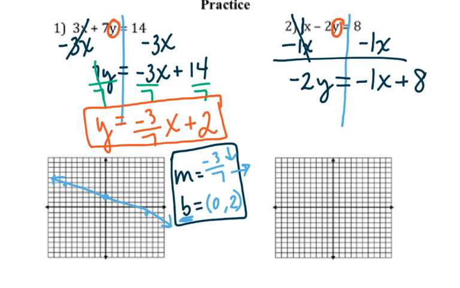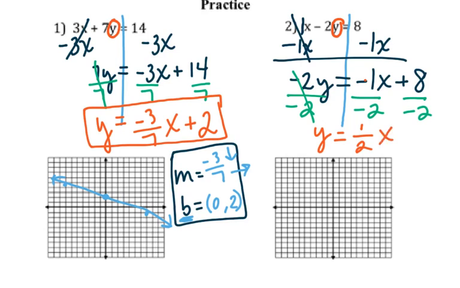Get y by itself by dividing by my coefficient, not constant, sorry guys, coefficient, the number in front, which is a negative 2. Goodbye. So that leaves me with y equals, and y is now by itself. Simplify: negative 1 over negative 2 is a positive 1/2 x. 8 divided by negative 2 is a minus 4.